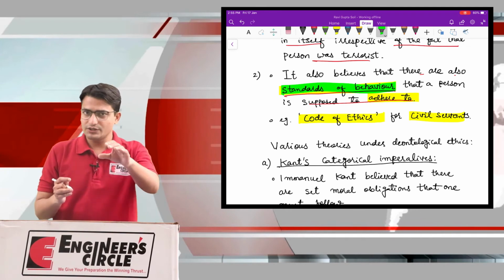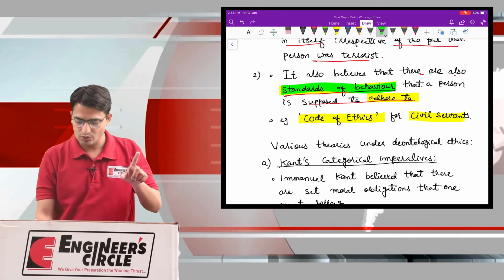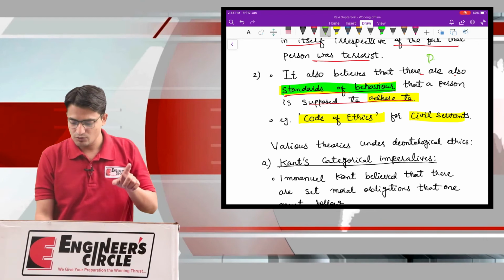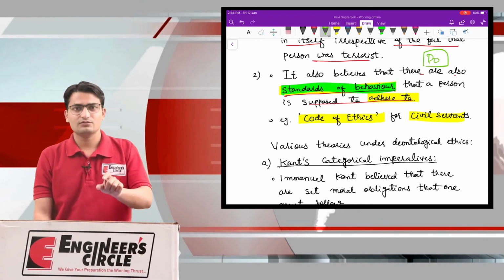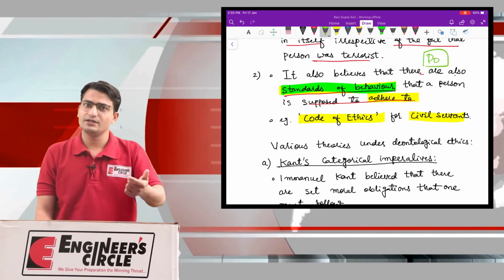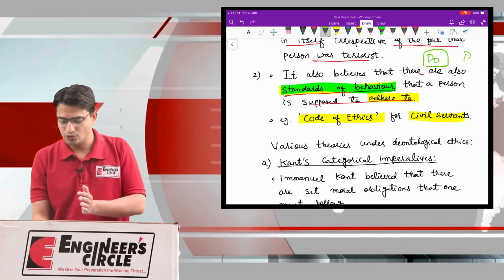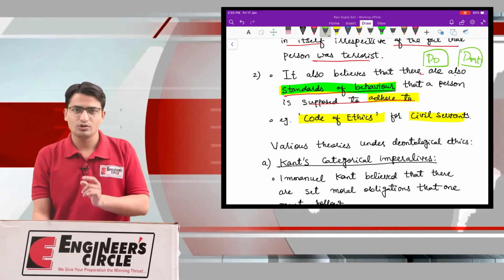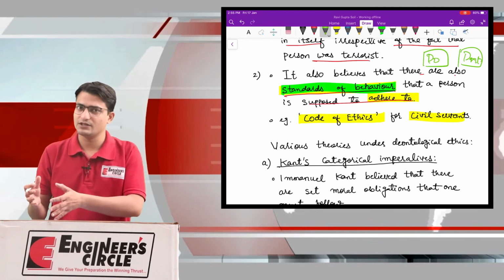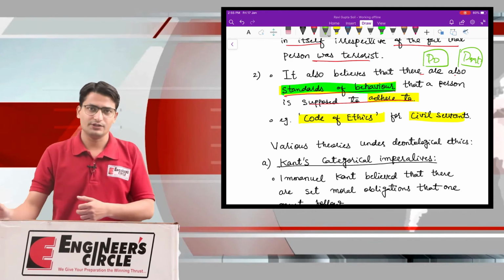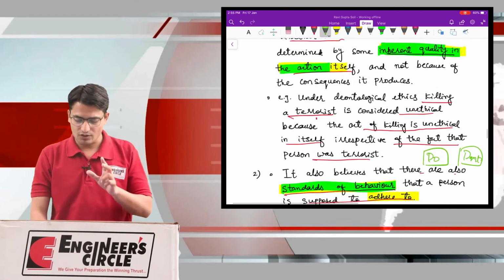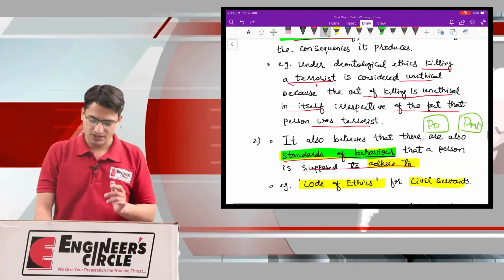The do's and don'ts are there. The do's in that code will have some inherent positive characteristics, and the don'ts will have some negative inherent qualities. So this is what deontological ethics is saying.